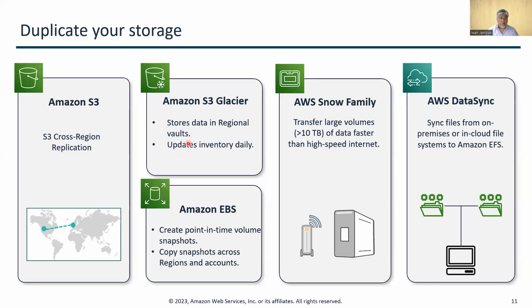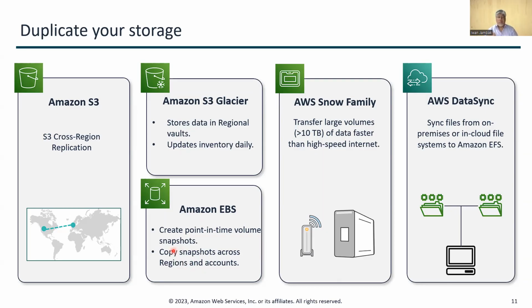For S3 Glacier, you can store data in a regional vault, and then you can update the inventory daily. For EBS, you can create a point-in-time volume snapshot.